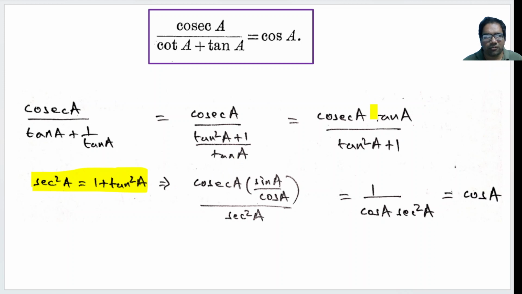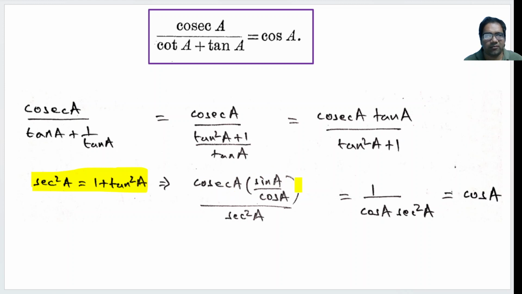Now what has this become? Cosecant A times tan A, which is sin A by cos A, divided by tan square A plus 1, which is secant square A. Now cosecant A into sin A are reciprocals, right? Cosecant A is 1 by sin A. So this and this will cancel each other.